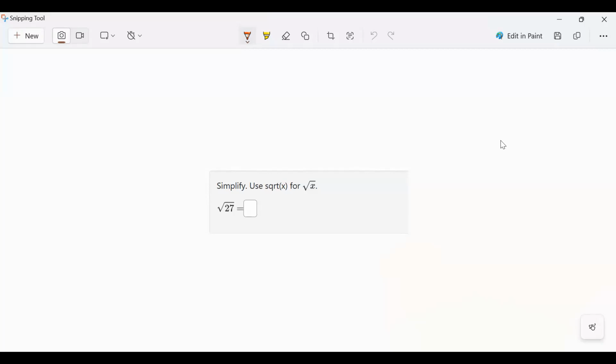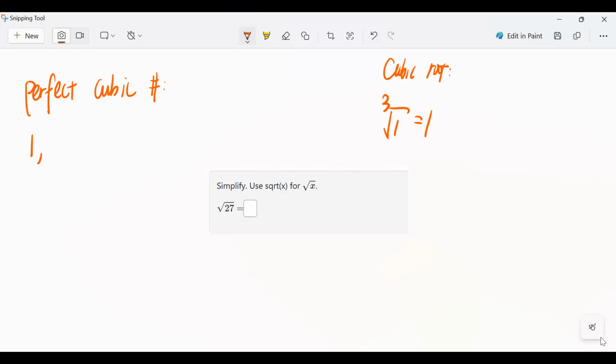Also, let me quickly give you some of the basic cubic roots, since we have some cubic root stuff here. So the cubic root of 1 is 1. And these are all the perfect cube numbers. Starting with 1, 2 cubed is 8. 3 cubed is 27. 4 cubed is 64. 5 cubed is 125. 6 cubed is 216.